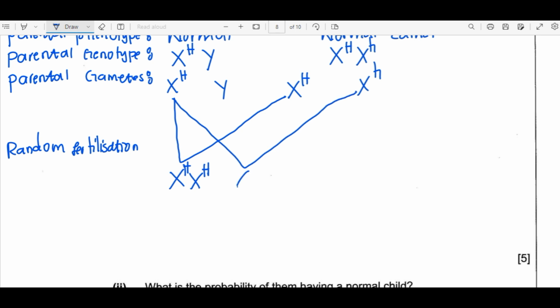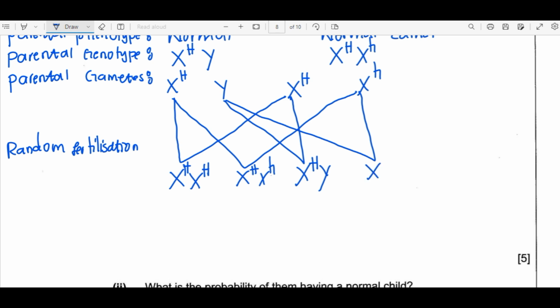Another chance of having a girl child who is a carrier. One chance of having a boy child who is 100% okay. Then another chance to have a son who is hemophilic. So say genotype of F1.